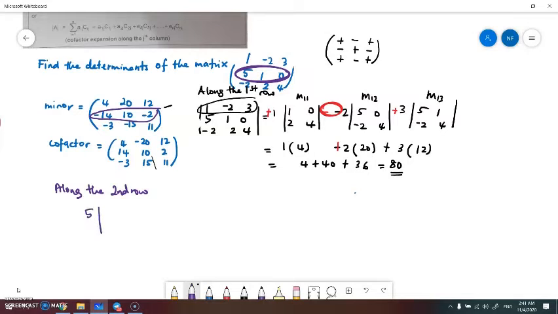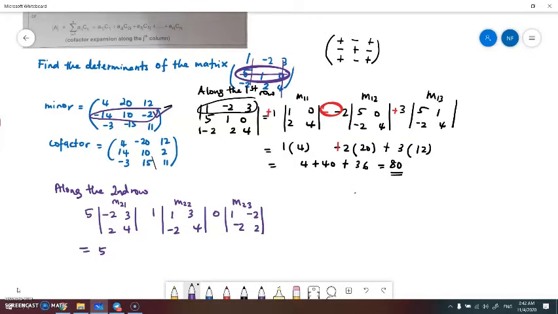This one is the minor for the first column. If you close 5, you will get negative 2, 3, 2, 4. Second row, second column: 1, 3, negative 2, 4. And then second row, third column: 1, negative 2, negative 2.